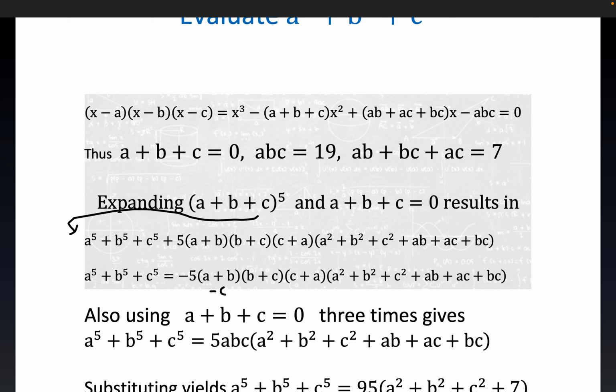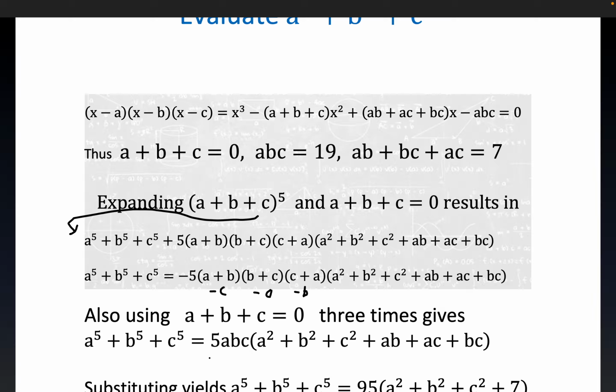Isn't that cool? b plus c is negative a. And I'm just using this. c plus a is negative b. So you can see how you have 4 negative signs here. The negative sign that's already present, and then the negative sign that results from applying this result right here, a plus b plus c equals 0, 3 times. So we end up with this.